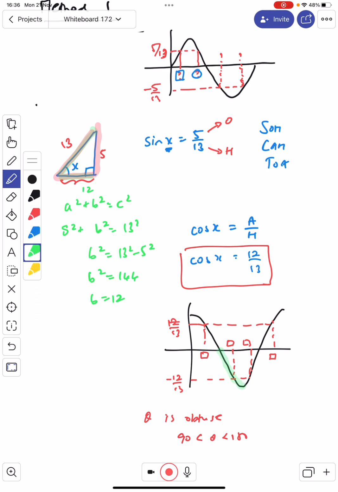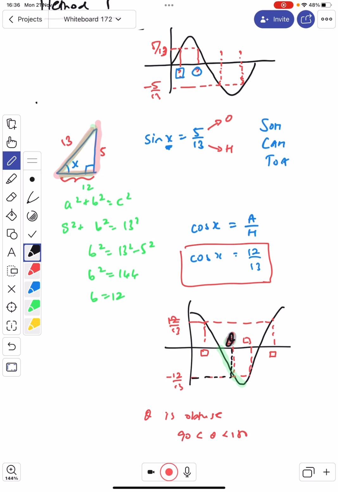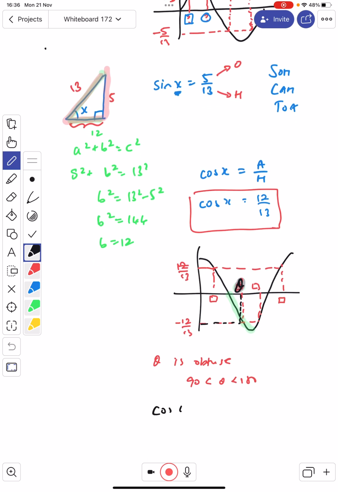So that's 90 and 180, so it must be this one here. So that must be angle theta, and therefore cos of theta is negative 12/13.